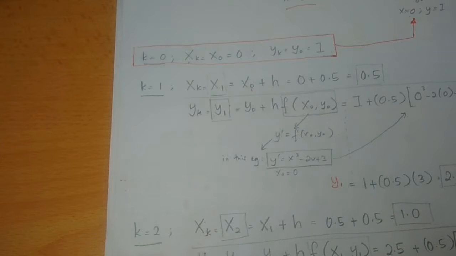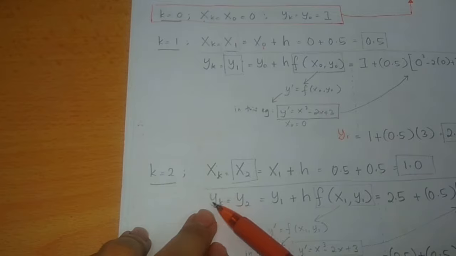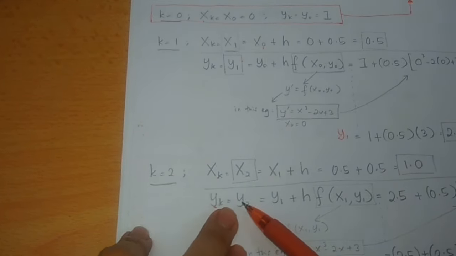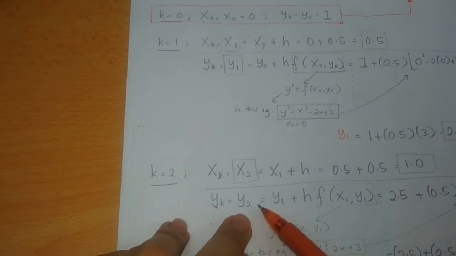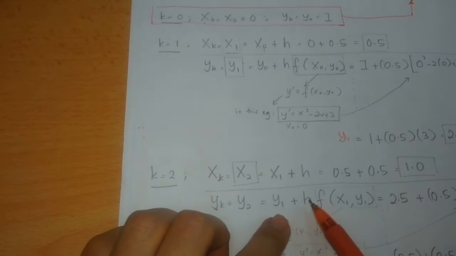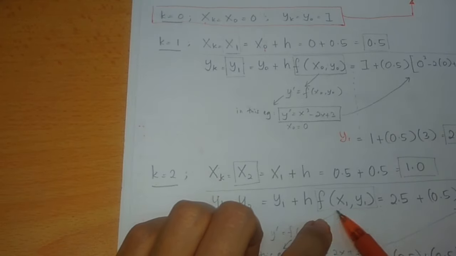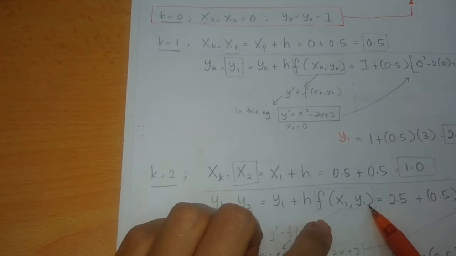So what is the value of y2? The value of y2, or yk here because k is 2, is equivalent to the previous y, which is y1, plus h times, again, the function f(x1, y1).